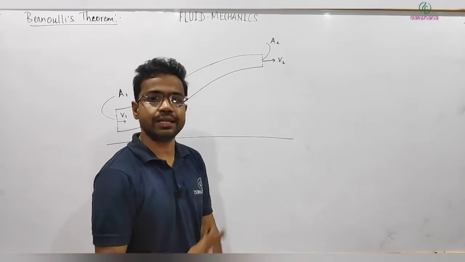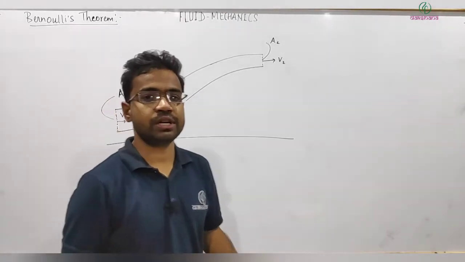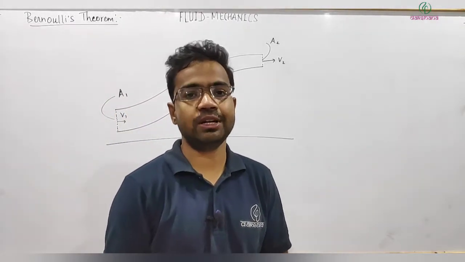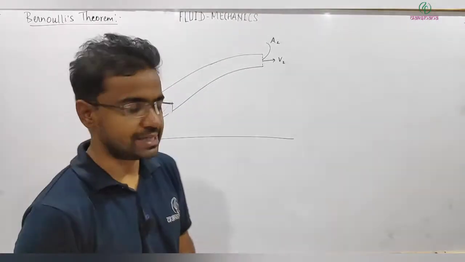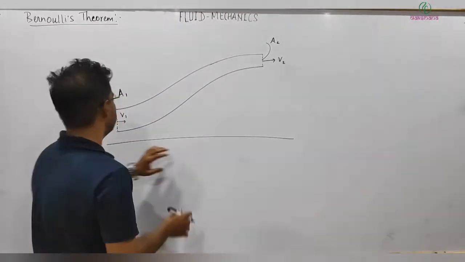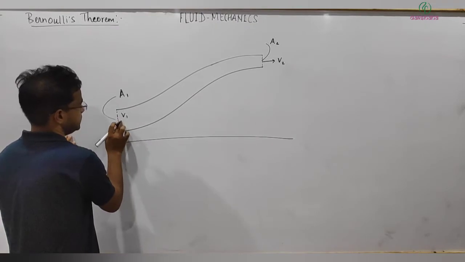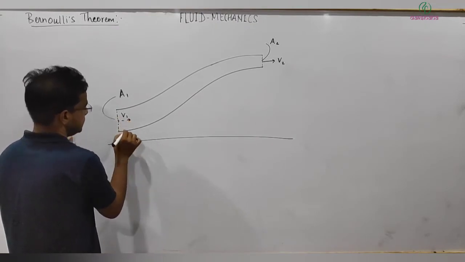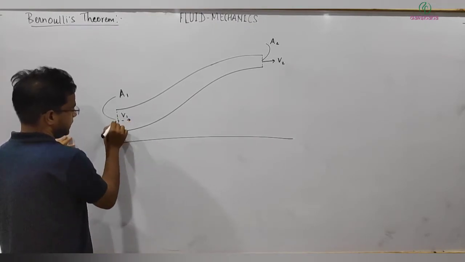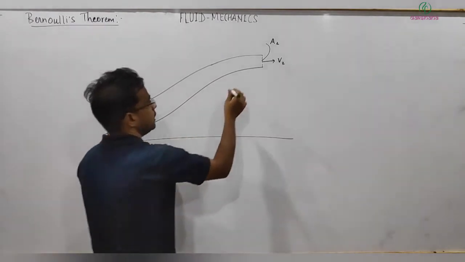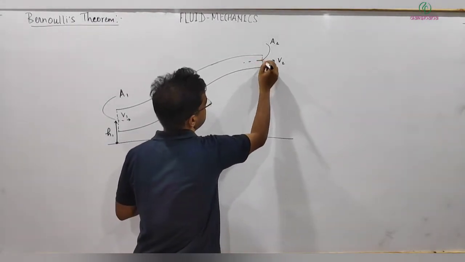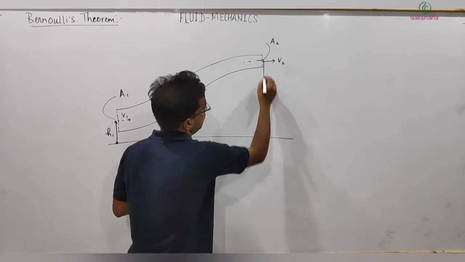It's your choice, nothing wrong in anything. Whichever point you find comfortable and easy, you can take that as your reference line. So this is the reference line I am taking for calculating potential energy. From this line, let's say the height of this point is h1, and the height of this point is h2.